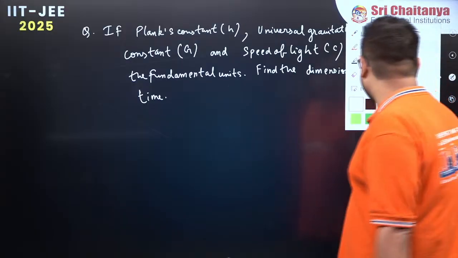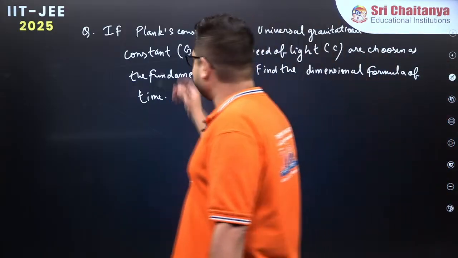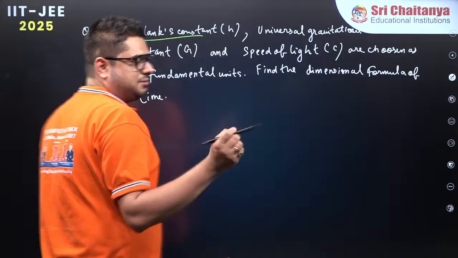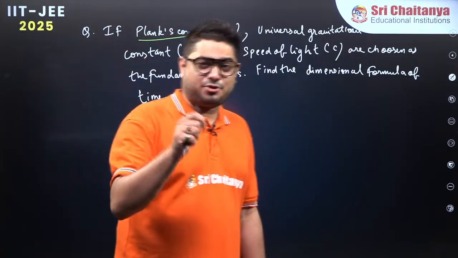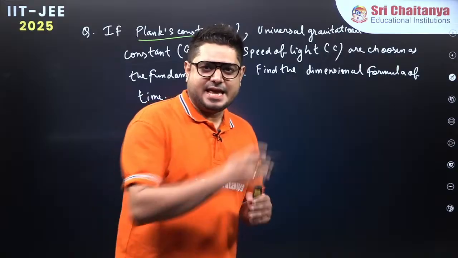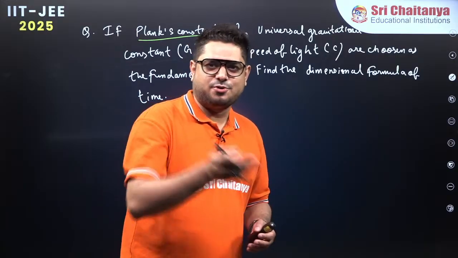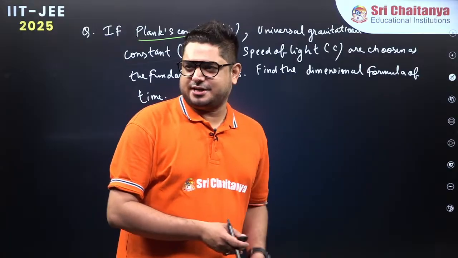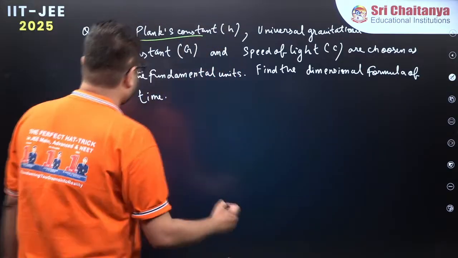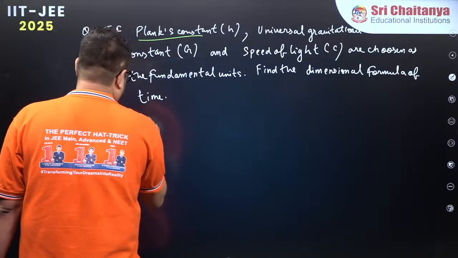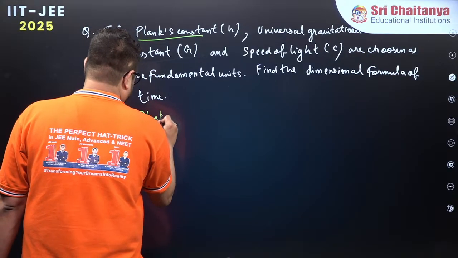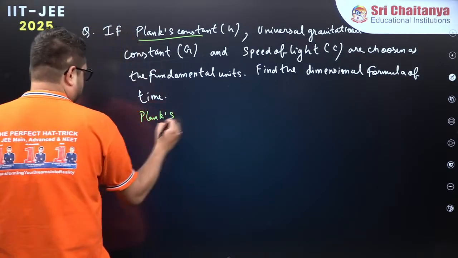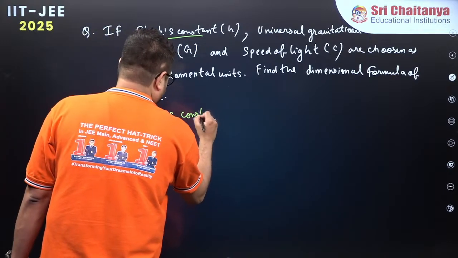So let me tell you about these terms. Planck's constant, we have already discussed, while I was plotting a graph, if you can recall, of energy versus frequency while teaching you Einstein's photoelectric equation in the context of the equation of a straight line. So we need to find out the dimensions of each and every term. First of all, let's start with Planck's constant, everyone.